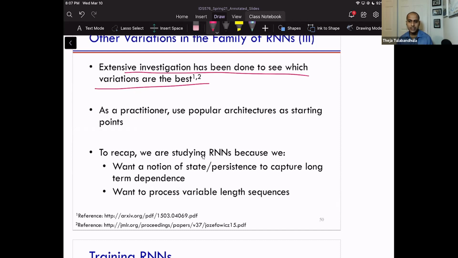For example, just like diagnostics for CNN that we did, once we trained a CNN, we want to understand how it works. Similarly, for LSTMs, there have been some attempts. We will not have time to go into how to do diagnostics for LSTM.